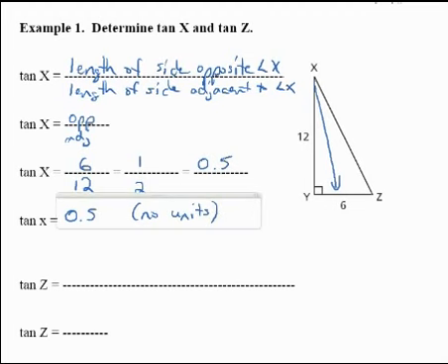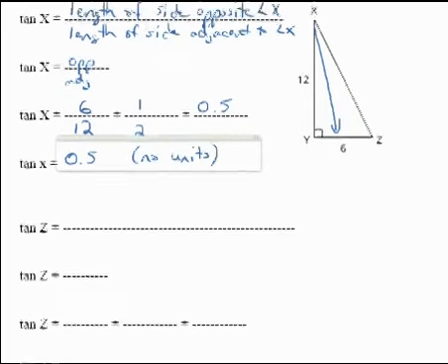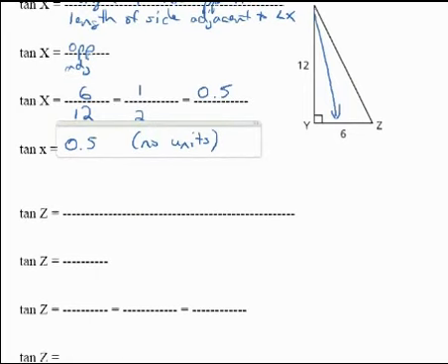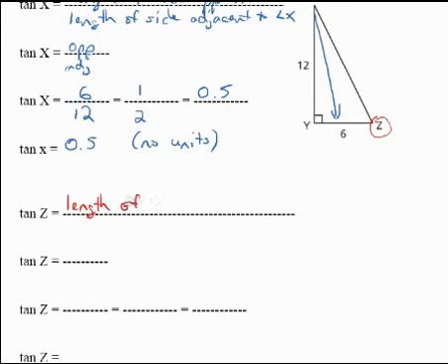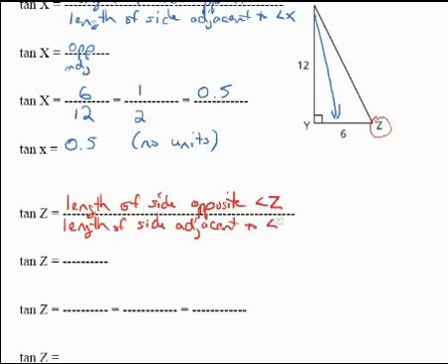Okay, now let's do it for angle z. And I'm going to do this in a different color, in red. This time z is our angle of interest. So tangent of z is the length of side opposite angle z divided by the length of side adjacent to angle z.